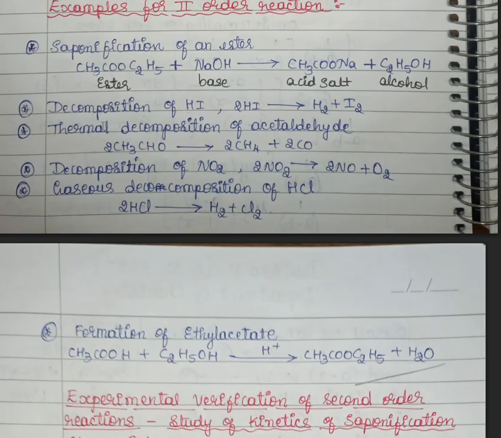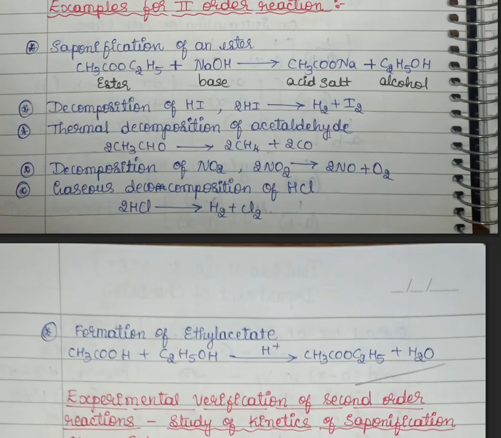Next, we will move on to examples of second order reaction. First one is the saponification of an ester, that is, the ester ethyl acetate is treated with a base NaOH to give the acid salt sodium acetate and ethanol, which is an alcohol. Next is the decomposition of hydrogen iodide. 2 moles of HI give hydrogen and iodine.